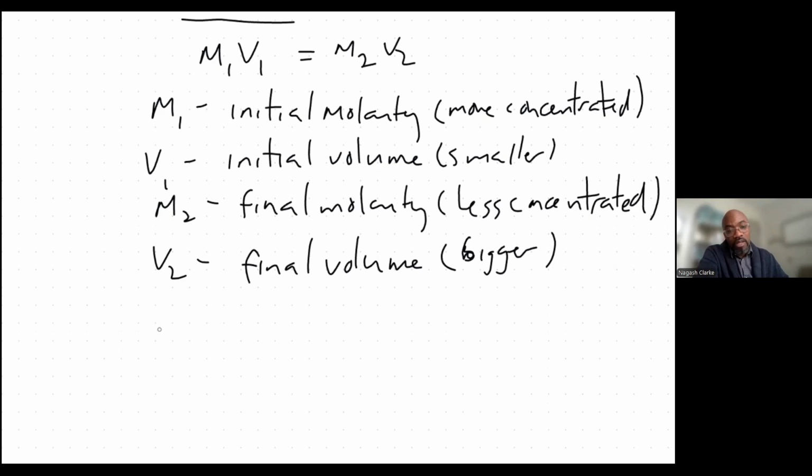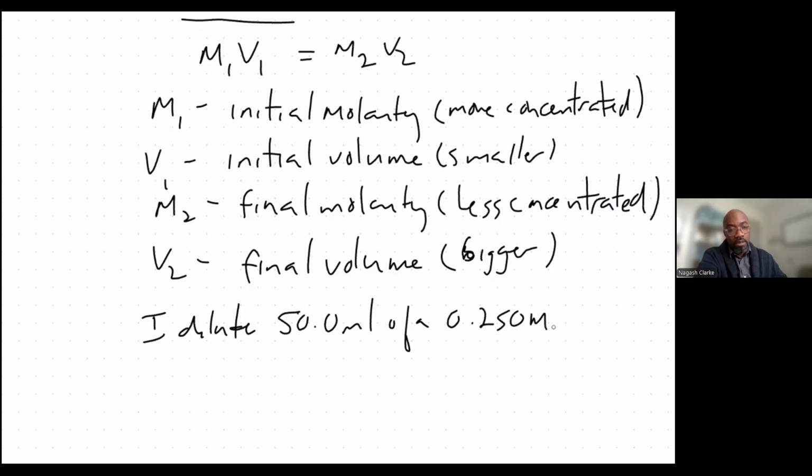So let's take an example. I dilute 50.0 milliliters of a 0.250 molar HCl solution to a volume of 100 milliliters.